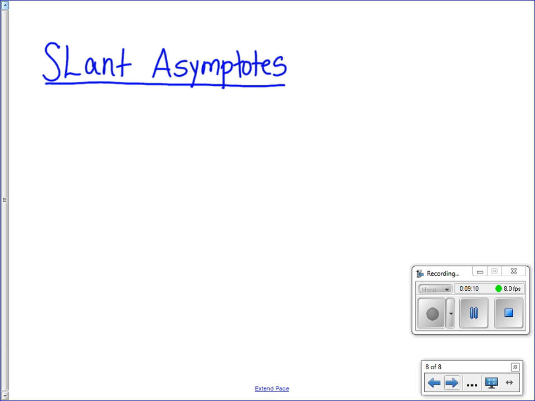All right, so a slant asymptote happens when the degree of the numerator is exactly one more than the degree of the denominator. Okay?